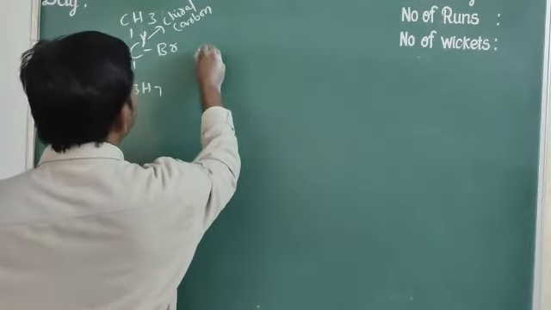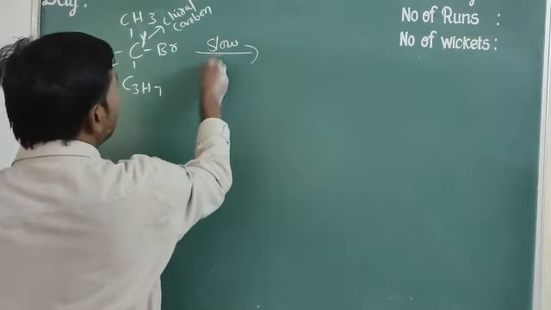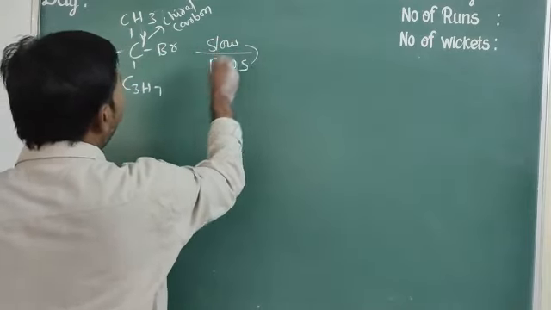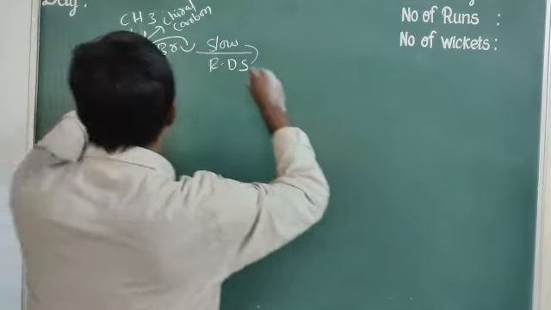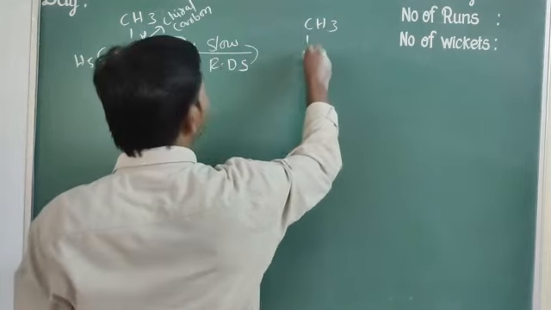First step, slow step, RDS: leaving group eliminated, carbocation formation.